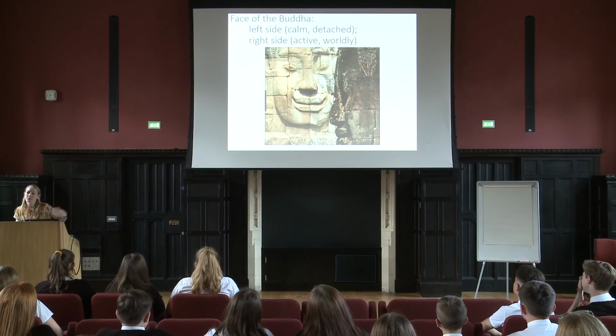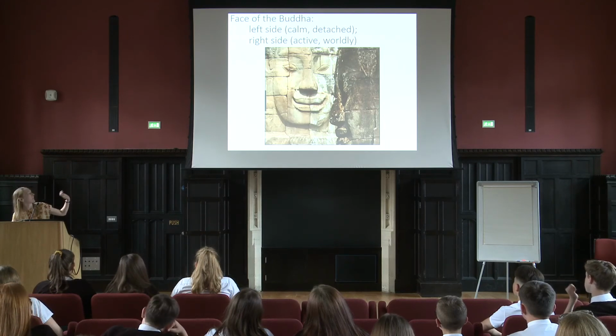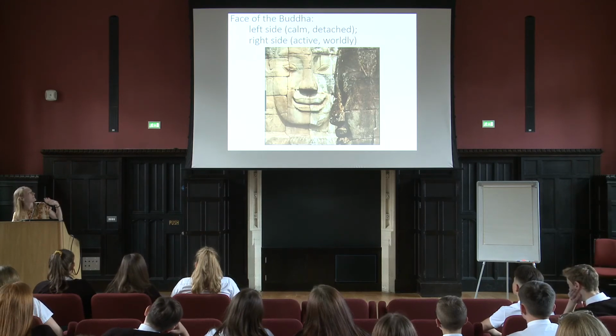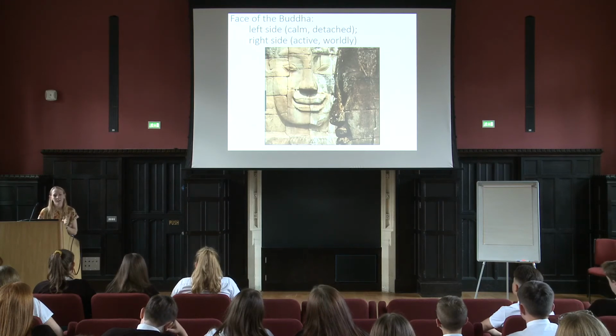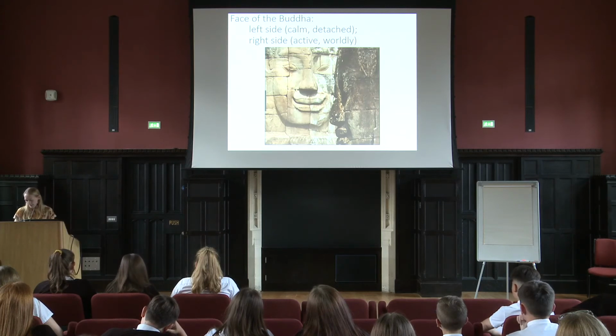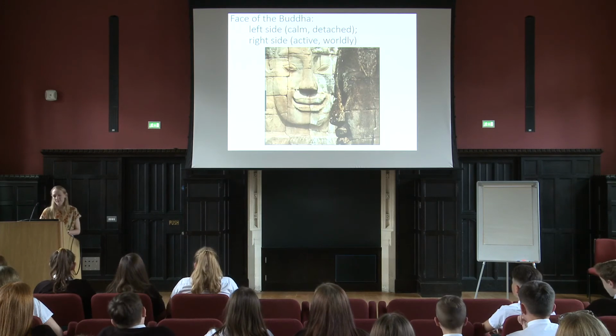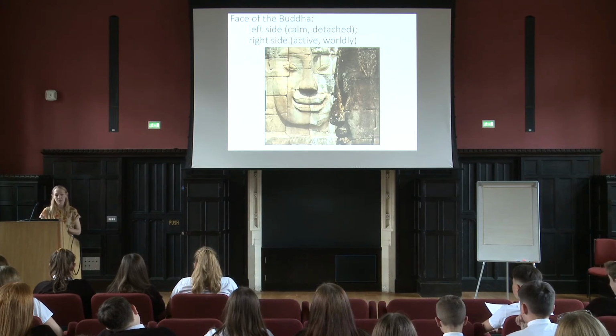They're in a kind of tug-of-war tension where one side, the left side, is calm and detached, and the right side is active and worldly. And this is something which has been confirmed by art historians, so it's probably sort of true. So he came up with this theory, wrote a whole book about it called Face of the Buddha, and then lost his book in a London taxi during the Blitz, and it was only discovered a few years ago.